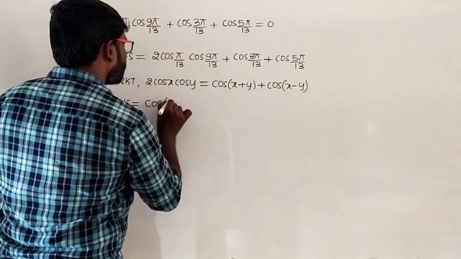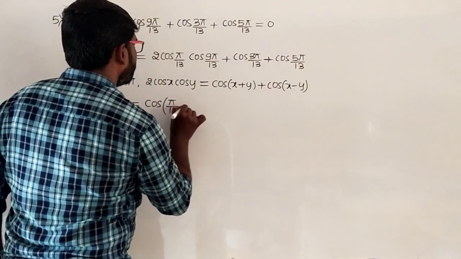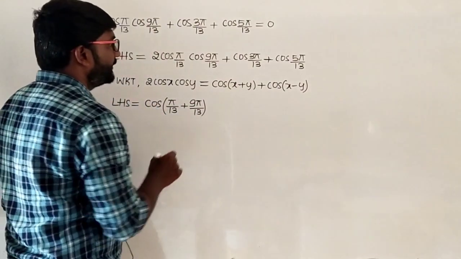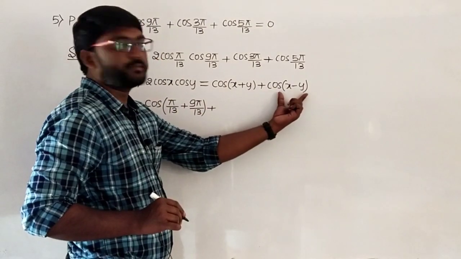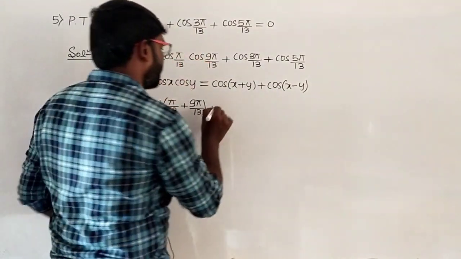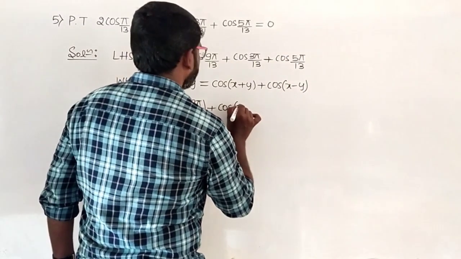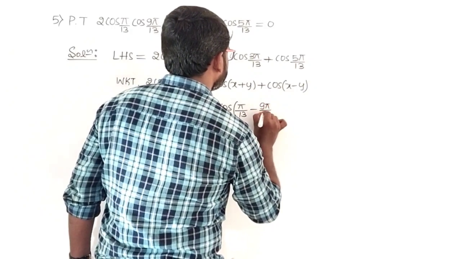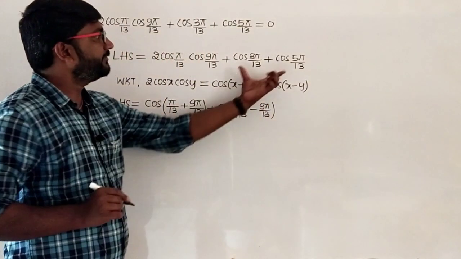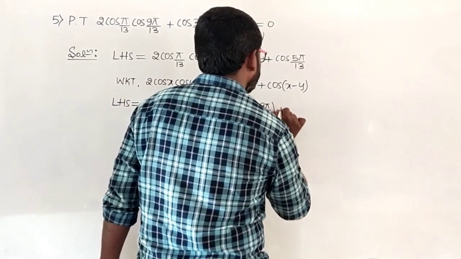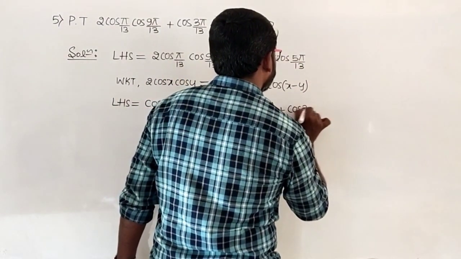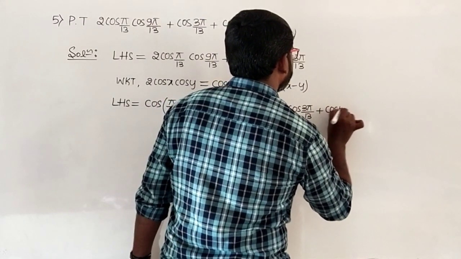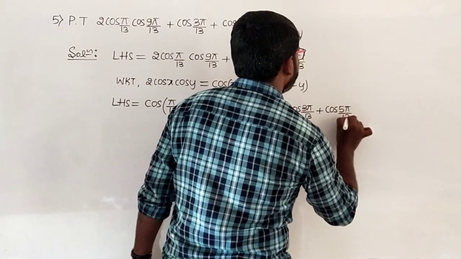So cos of pi by 13 plus 9 pi by 13, then plus cos of x minus y, so plus cos of pi by 13 minus 9 pi by 13. Then we have to write these two terms as it is, plus cos 3 pi divided by 13 plus cos 5 pi divided by 13.